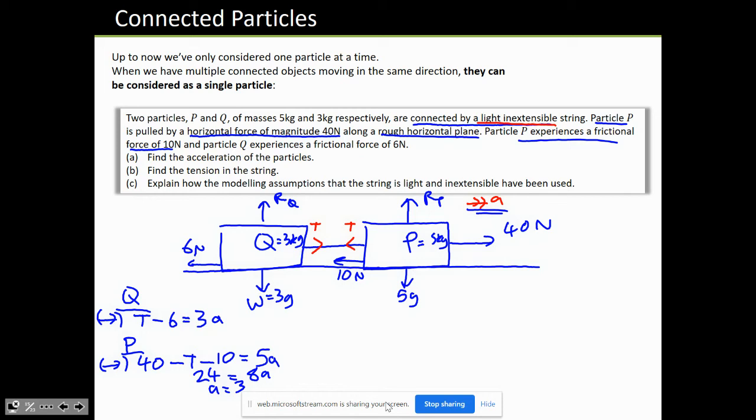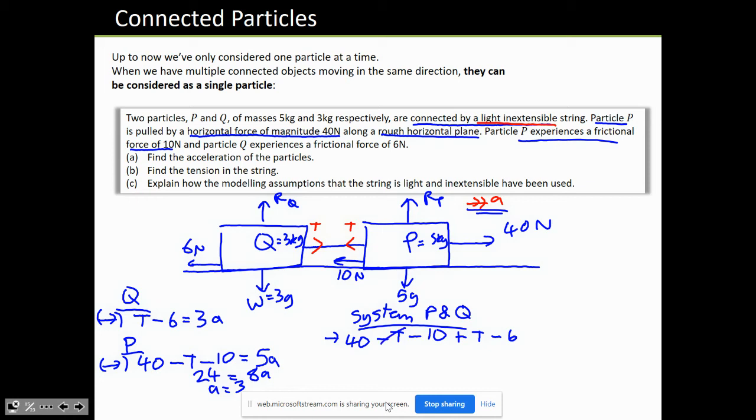So if we consider the system as a whole of P and Q, in this direction we have a resultant force of 40 newtons, take away our tension that's acting on P, take away our 10 newtons, plus our tension that's affecting Q, minus the frictional force of 6 newtons on Q as well.